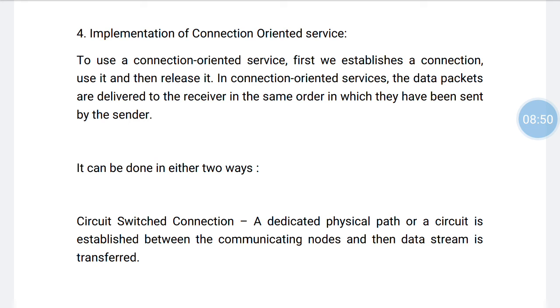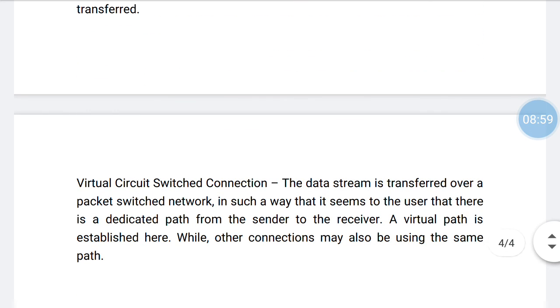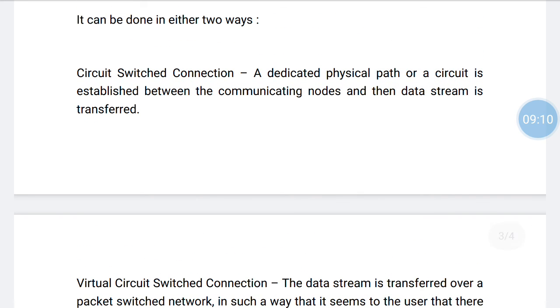This can be done in two ways: circuit switched connection and virtual circuit switched connection. In circuit switched connection, a dedicated physical path or circuit is established between the communicating nodes, and then the data stream is transferred.